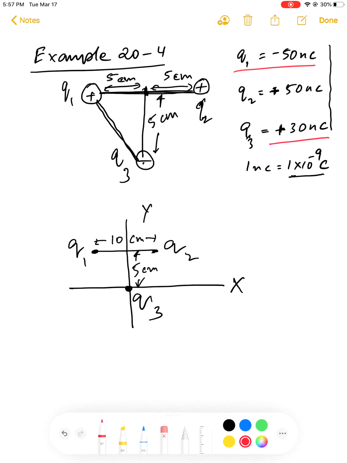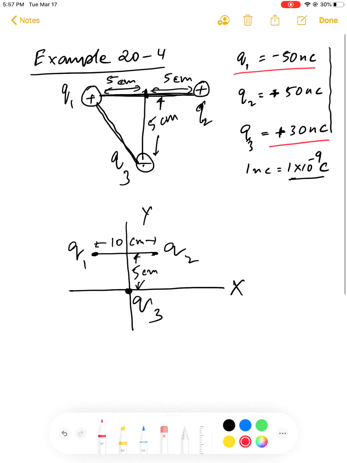We will have to keep that in mind when finding the directions. You have a positive charge here and a negative charge here, so your force is attractive and should be in this direction.